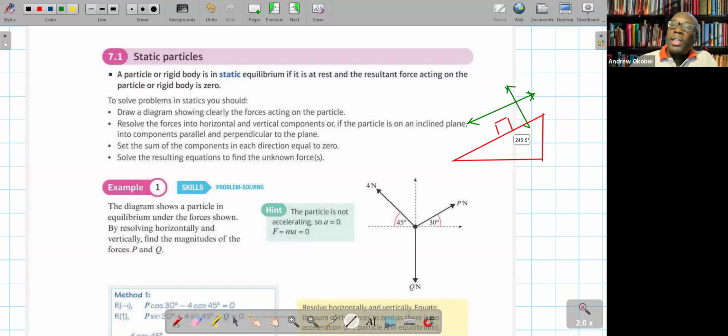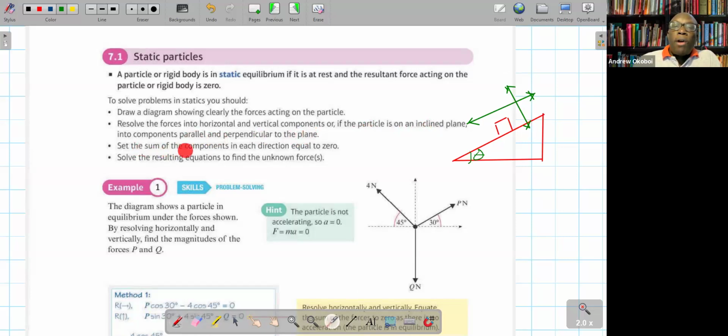Now notice this is not x and y, but that's the best way to do that. Essentially all your questions on inclined planes will be set up like that, and they will almost always give you an angle theta, which will help you to decide how you're going to tilt this. But it's not very difficult, as long as you understand that on an inclined plane, we're resolving parallel and perpendicular to the surface of that inclined plane.